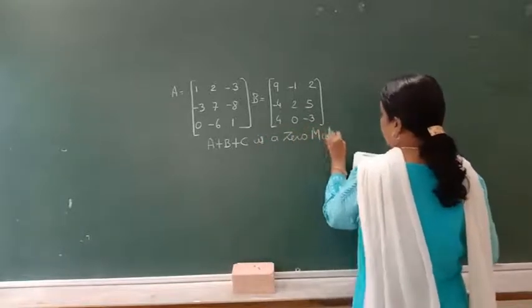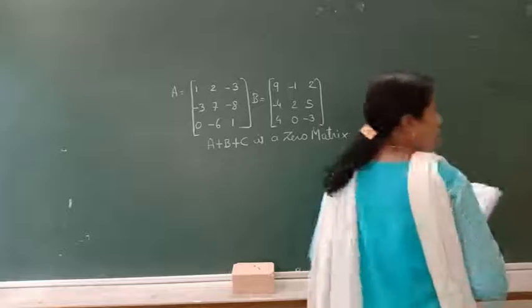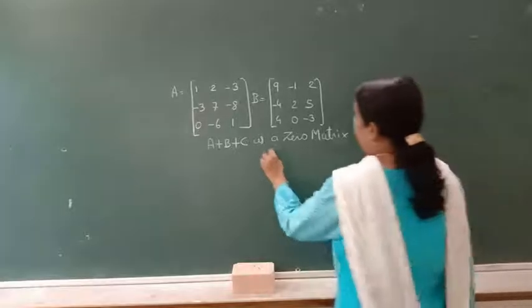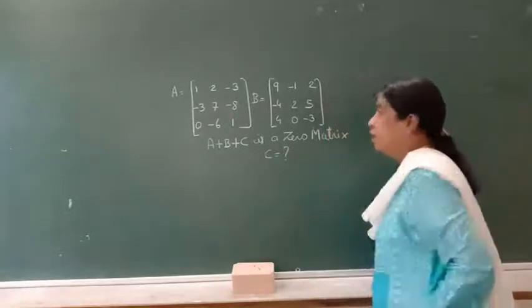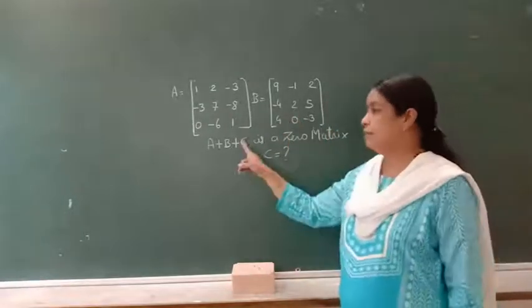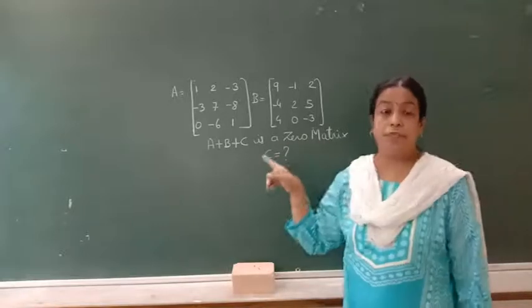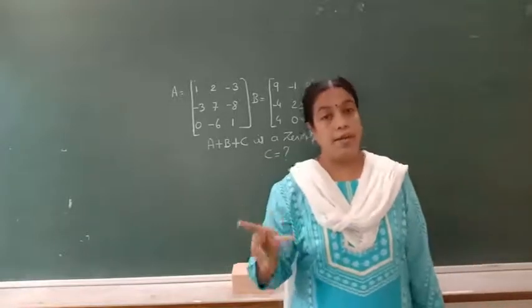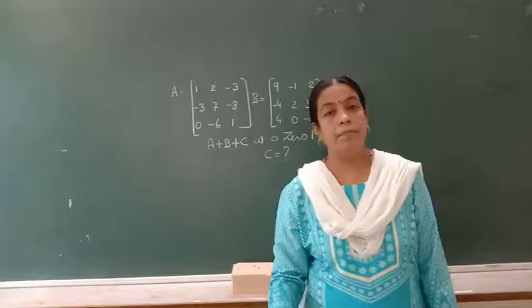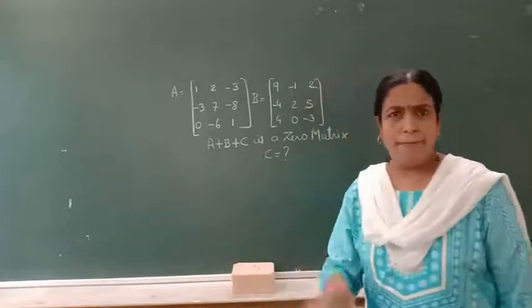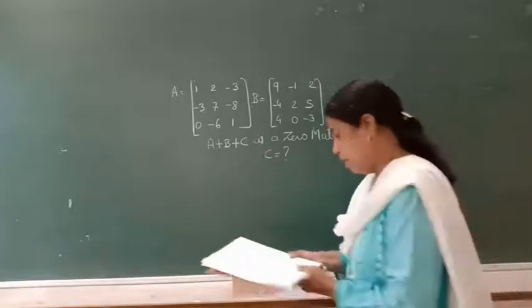If A plus B plus any other matrix C is given to be a zero matrix, then we want to find C. A zero matrix means all the entries, all the column elements, must be 0. But we don't know anything about C.